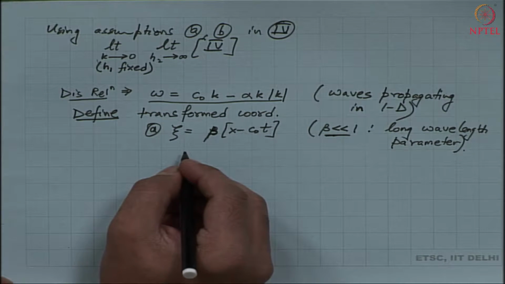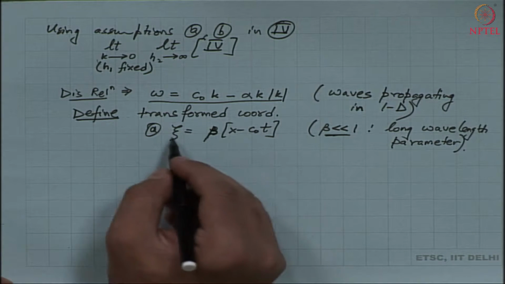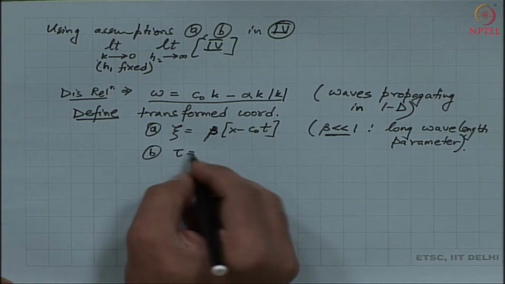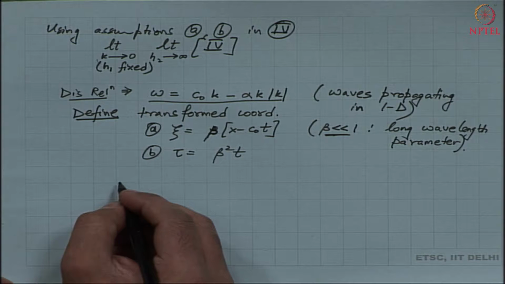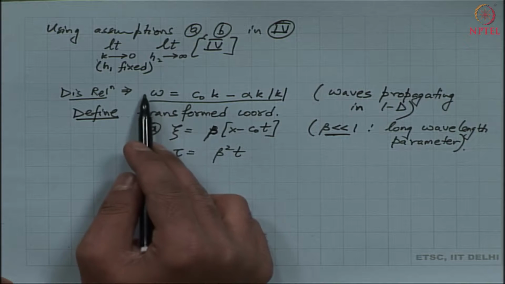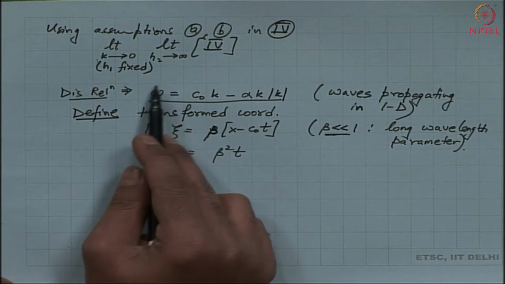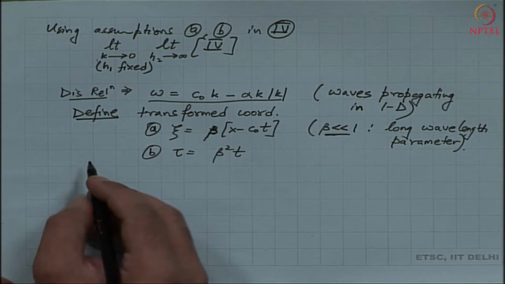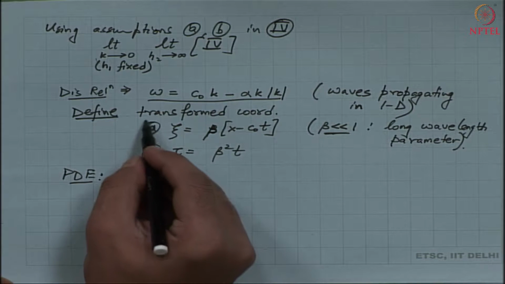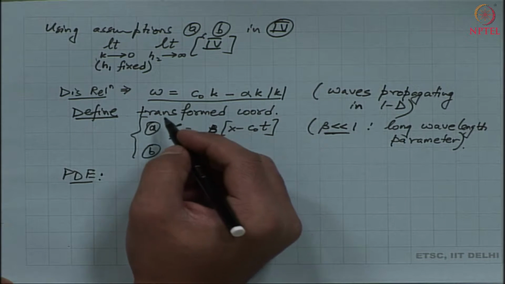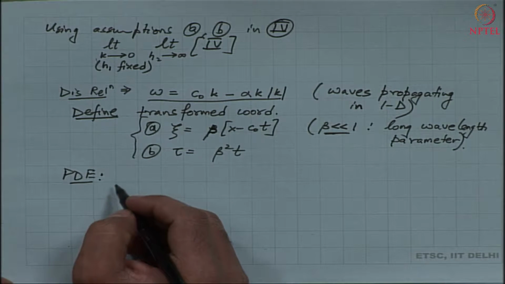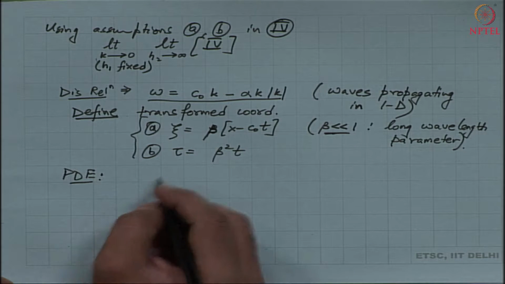Okay. So that zeta is corresponding to my space variable, and for the time I have the transformed variable tau as beta square t. Okay. So when I use these transformed variables and convert this dispersion relation back into my PDE in the physical plane, I get the following PDE. I am not going into great depth here, but I am just highlighting the type of equations that I am getting, and of course, where is the use of Hilbert transform in this particular example.